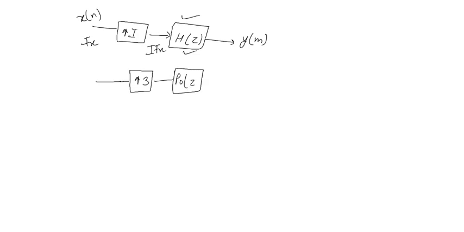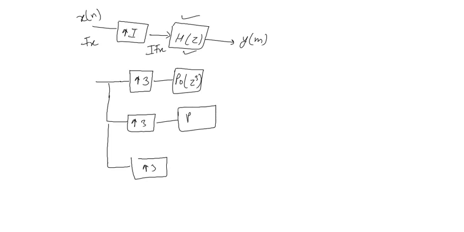So the power will be 3 here, and here also there will be 3. This is the second polyphase component. This will be p1 of z to the power 3.